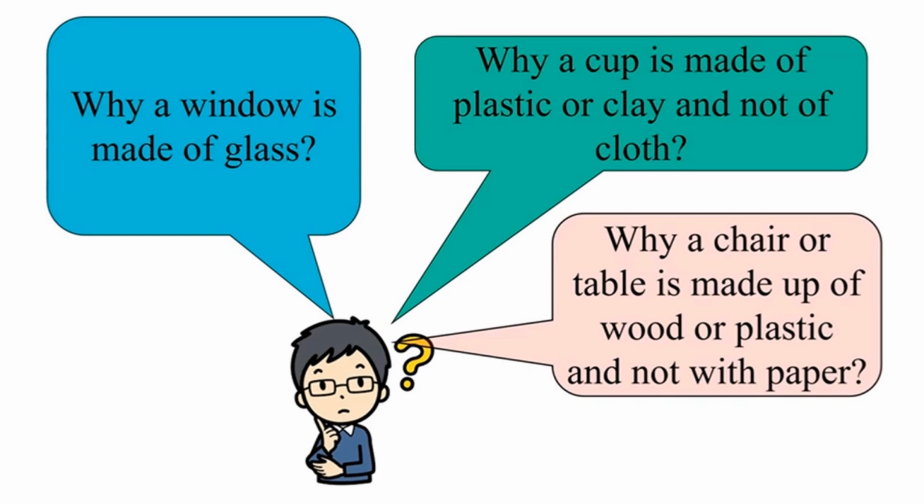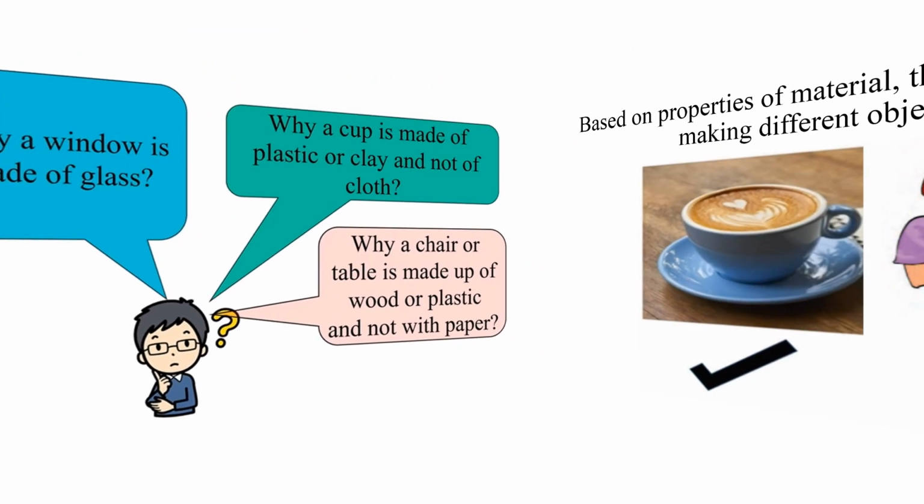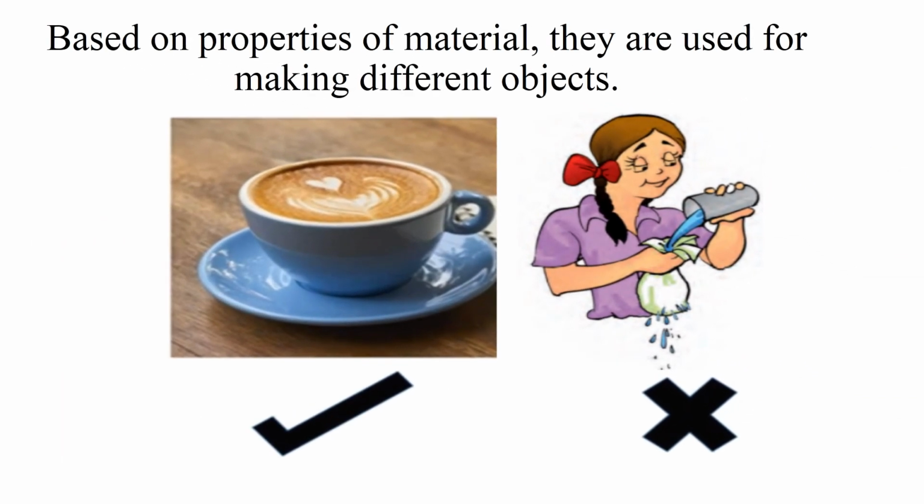Why a cup is made of plastic or clay and not of cloth? Why a chair or table is made up of wood or plastic and not with paper? The answer is very simple. Based on the properties of material or the quality of the materials, they are used for making different objects.